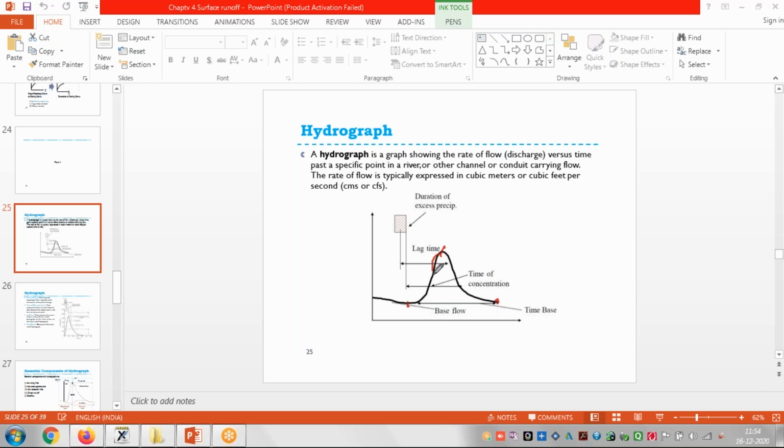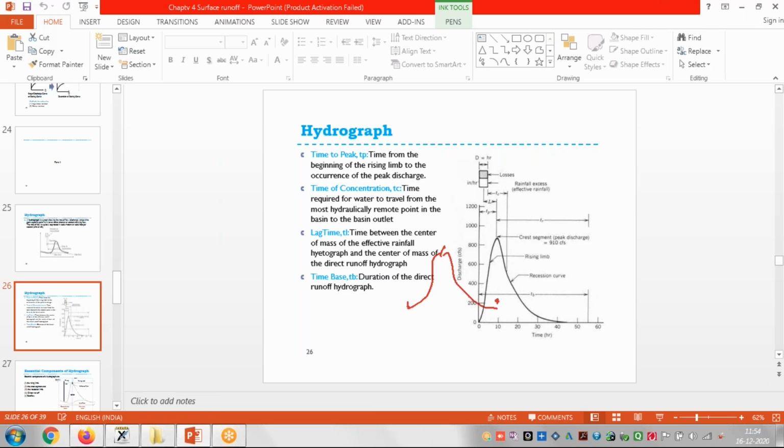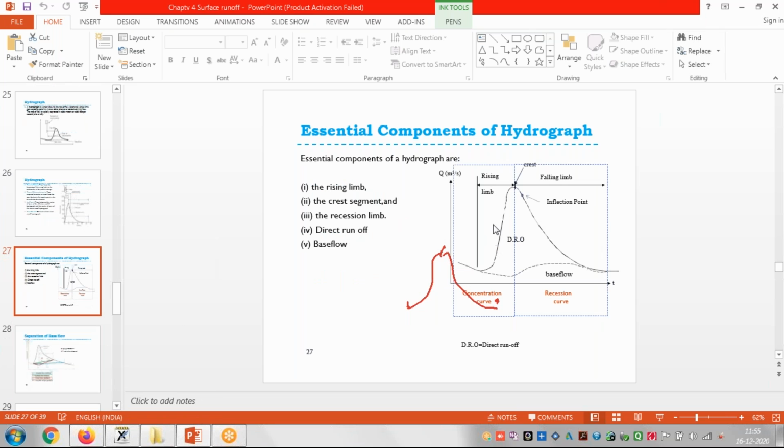This limb is called the rising limb, and this limb is the falling limb. So we have the rising limb, this one, and the falling limb, this one.